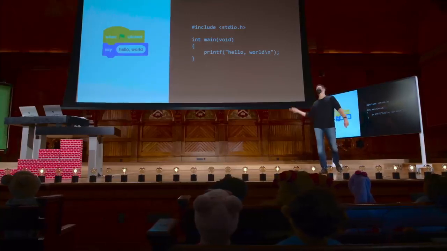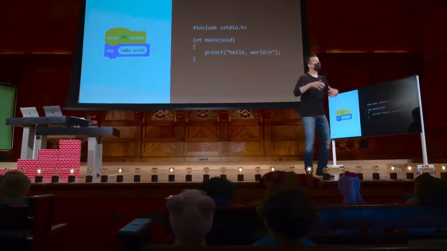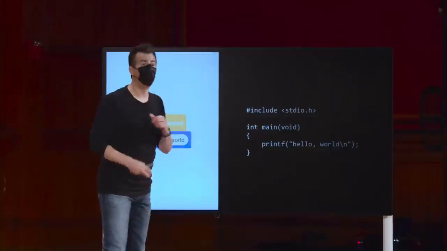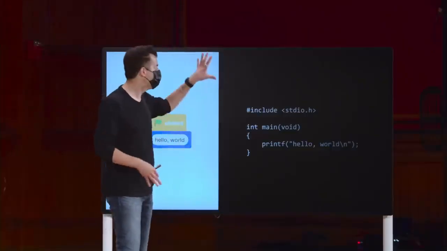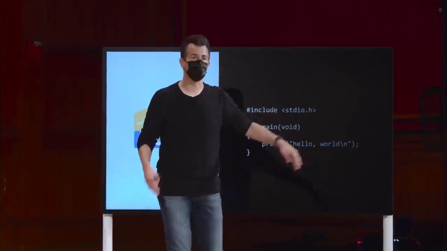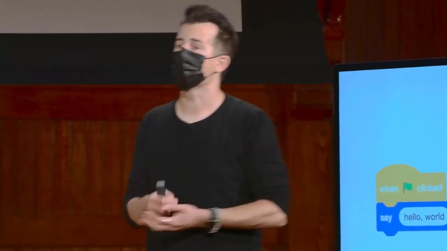You have to load the CS50 library whenever you want to use getString or other functions like getInt, as we'll soon see. Otherwise, the compiler won't know what getString is. You just have to do it this way. The specific file name I'm mentioning here, standardio.h, cs50.h, is what C programmers call a header file.